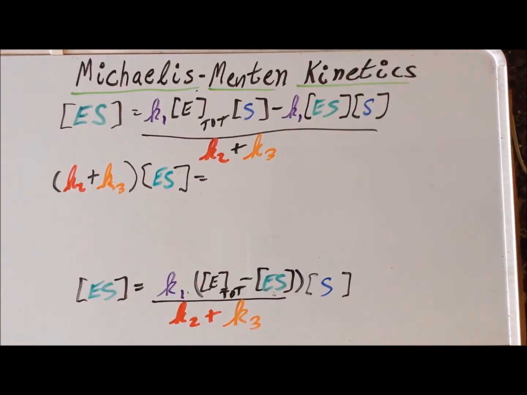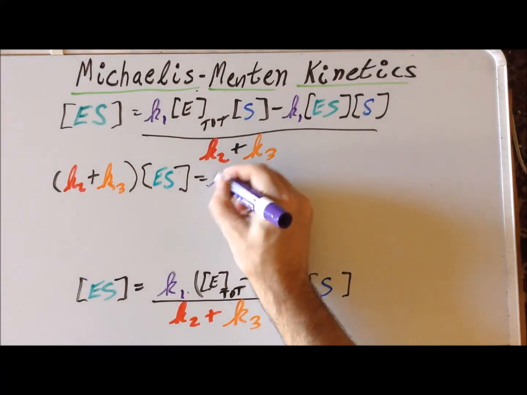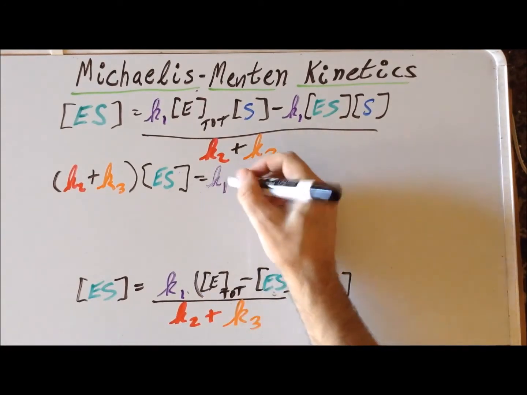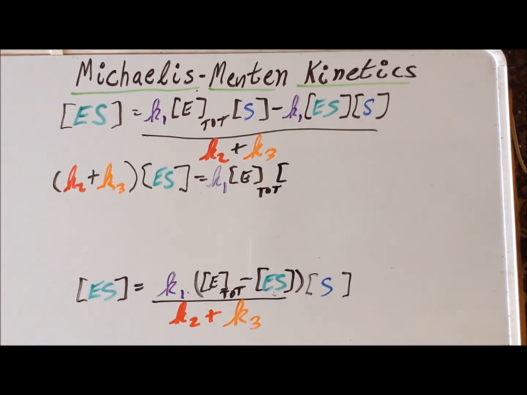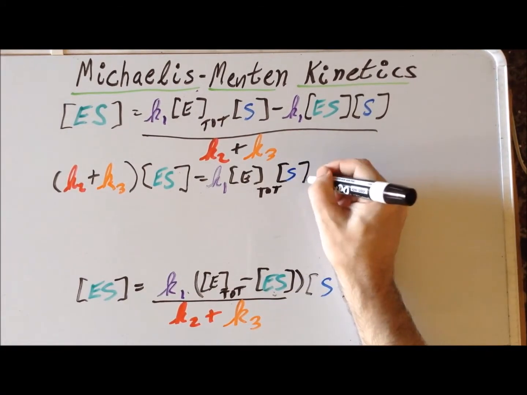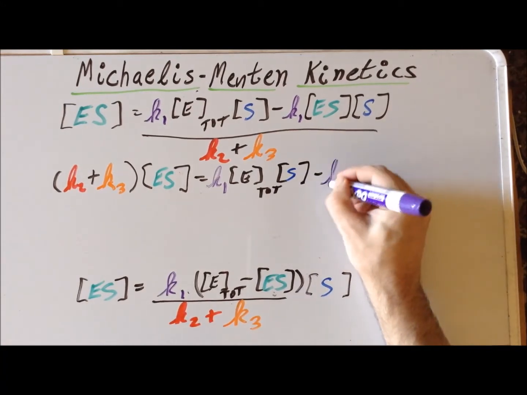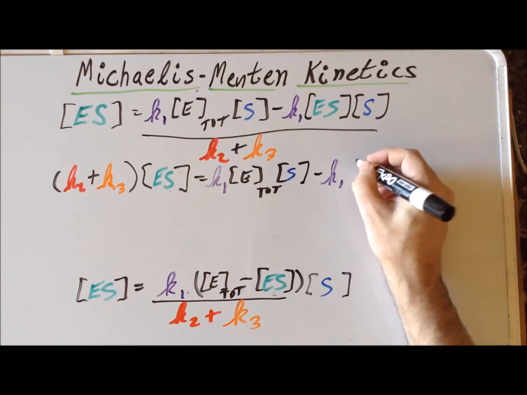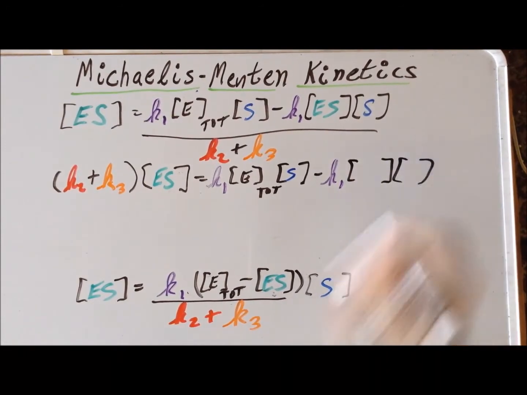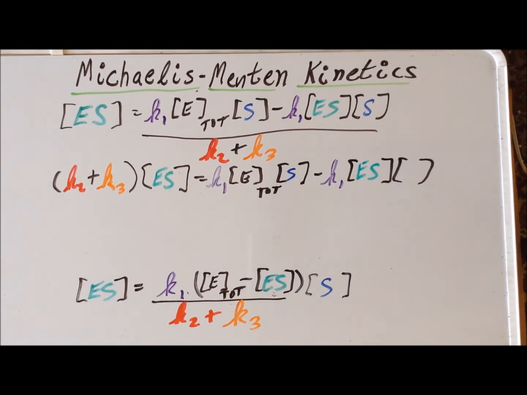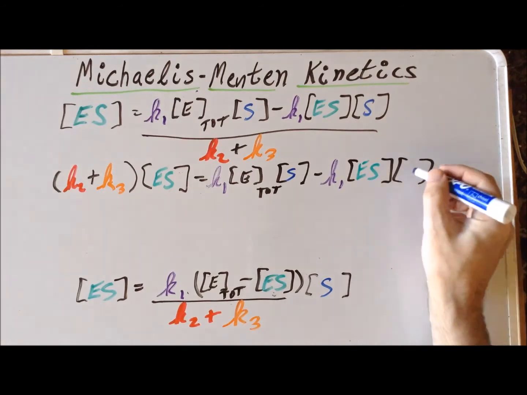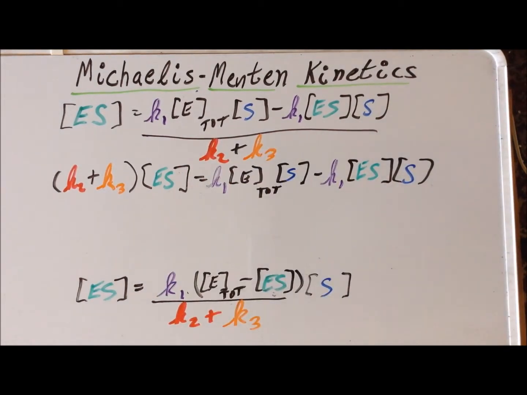The right-hand side stays the same, which is our K1 times the concentration of enzyme total times the concentration of the substrate, minus this rate constant again, K1 times the concentration of the enzyme substrate complex, ES, and the substrate, which is our S. So there we've cleared the denominator from the fraction.